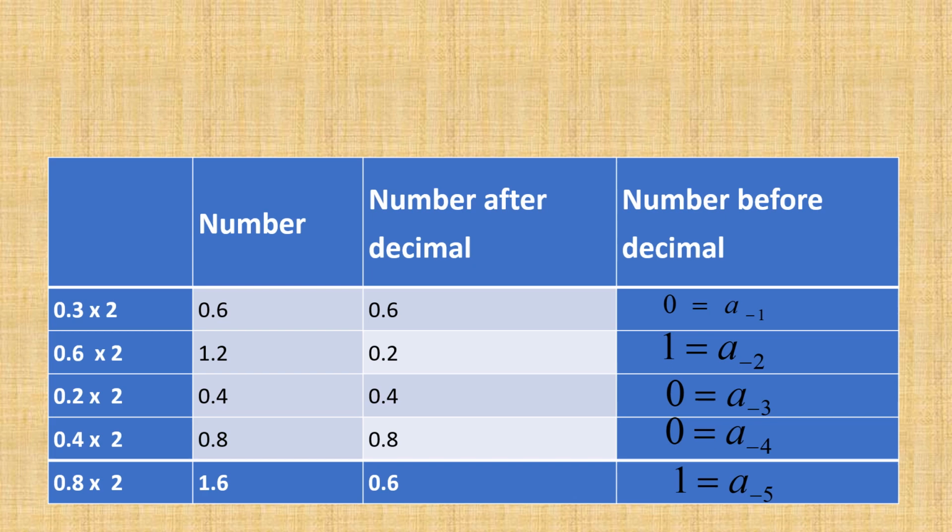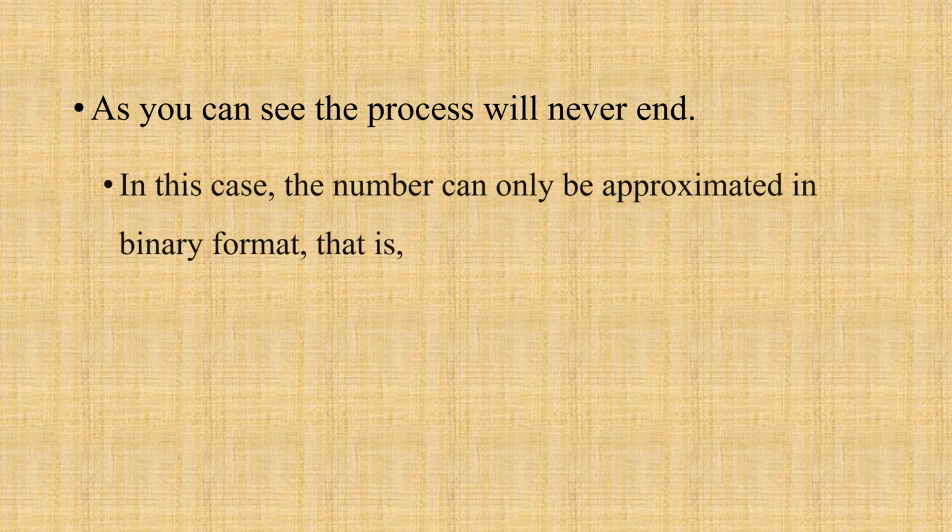Here the number after the decimal is 0.4, the number before the decimal point is 0, which will be recorded as A_-3. 0.4 times 2 equals 0.8. Here the number after the decimal is 0.8, the number before the decimal point is 0, which in this case will be recorded as A_-4. 0.8 times 2 equals 1.6. Here the number after the decimal is 0.6, the number before the decimal point is 1, which in this case will be recorded as A_-5. As you can see, the process will never end.